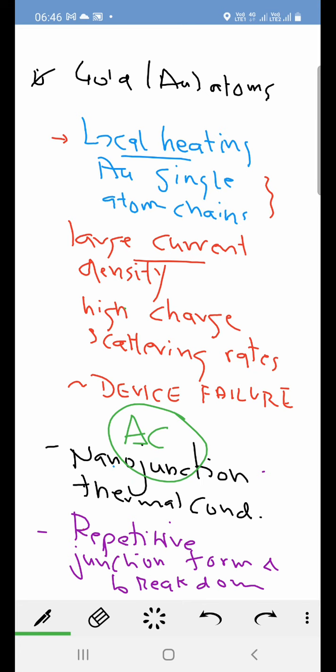At this stage, when you are applying AC voltage and there is formation and breaking of the nanojunction, the conductance G goes down due to the rate of formation and breakdown of the nanojunction. So we have gold wires, with formation of Au atoms like this.